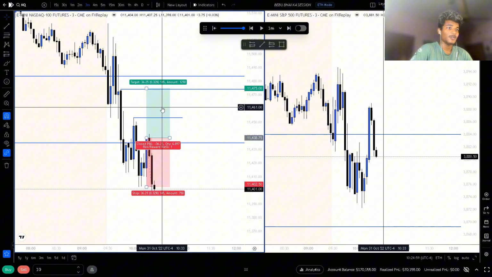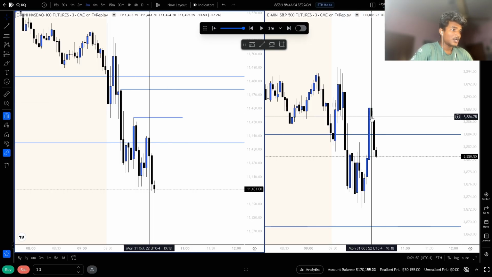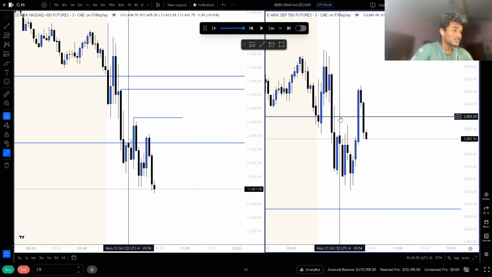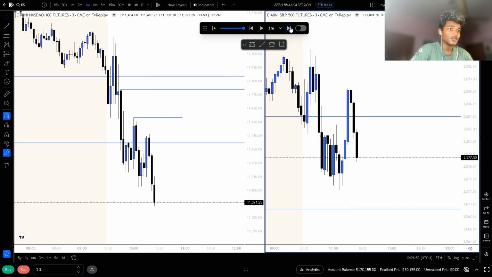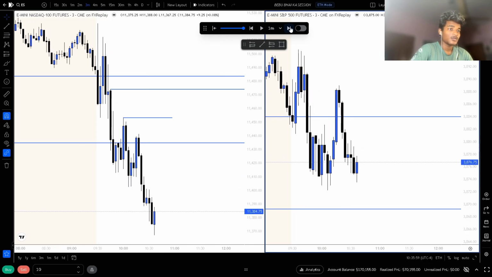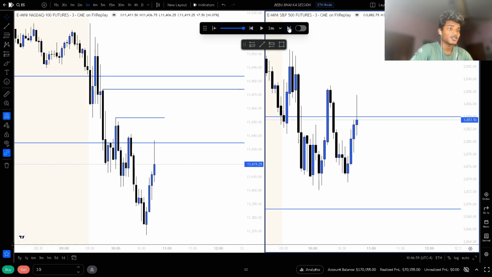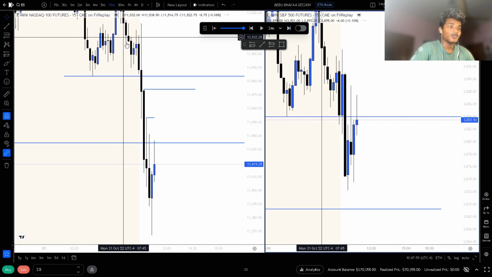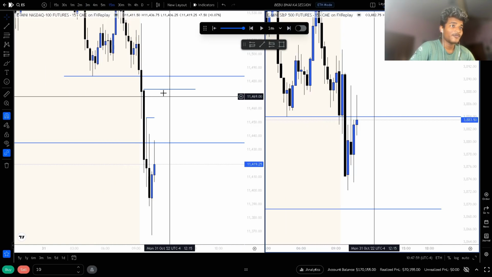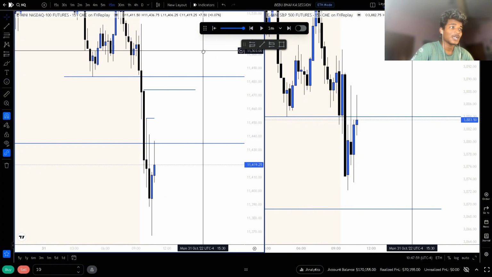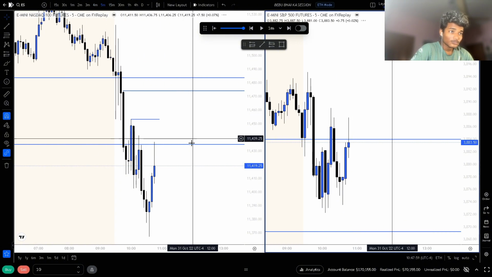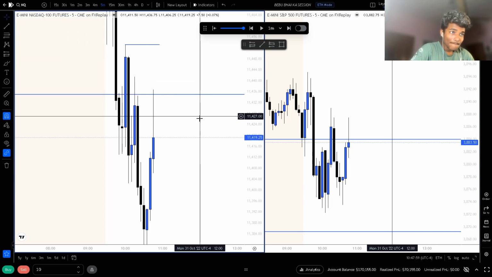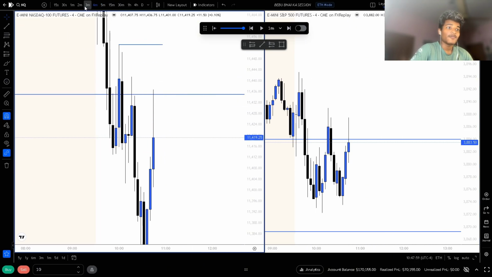Yeah, so this setup failed, and at this point of time we actually have a bullish SMT with ES, and the market just moved down. We don't have any 15-minute gaps in this leg, and we don't have any 5-minute as well.